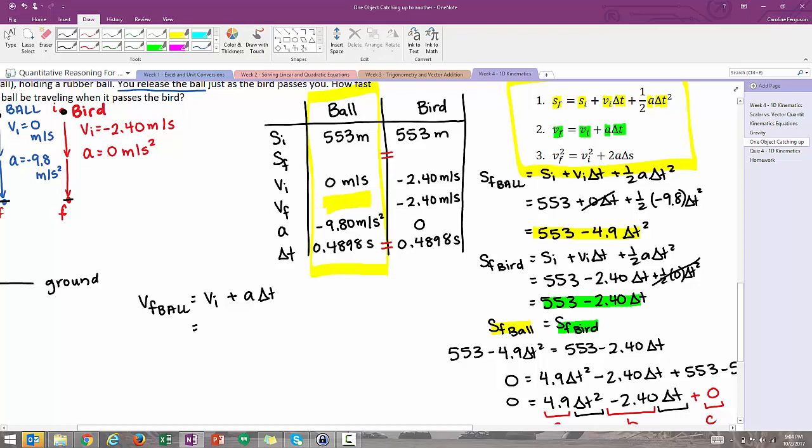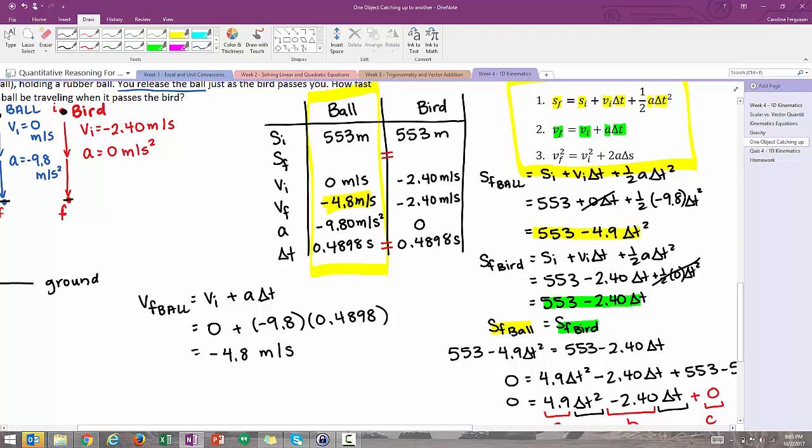So the V initial of the ball was 0 plus A, which we said was negative 9.8 meters per second squared, times the time, which we got to be 0.4898 seconds. Now when I multiply that on my calculator, negative 9.8 times 0.4898, I have negative 4.8. And the units would be meters per second. Okay, so that's the number that I got here.